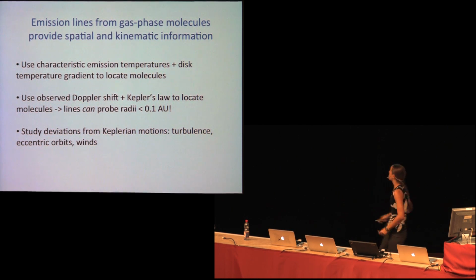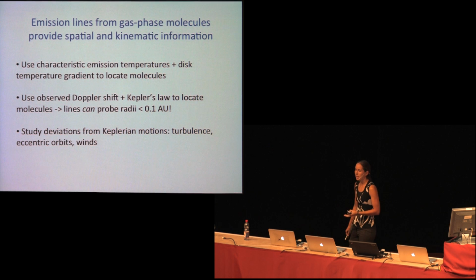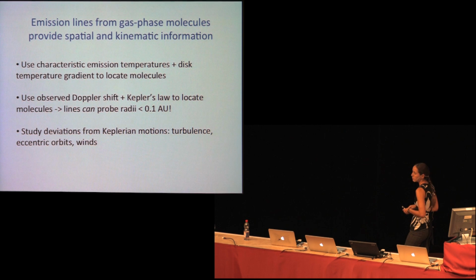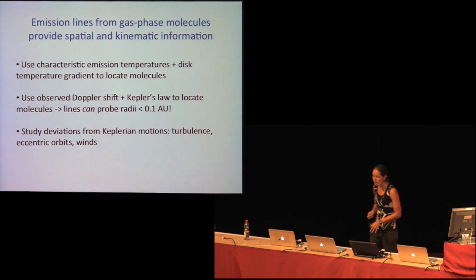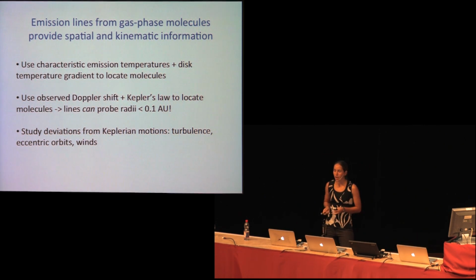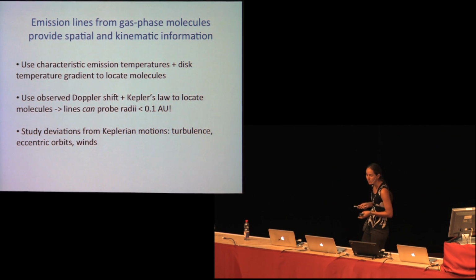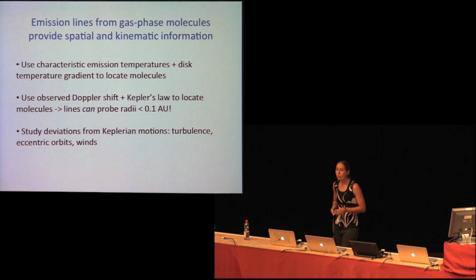Dmitry alluded to this as well, which is that emission lines give us extra information that you can't get just from an image. And this can be very powerful. One thing you can do is just look at the emission temperatures of your lines and determine where the lines are. Another thing you can do, if you actually have resolved emission lines, is look at the Doppler shift of the gas, and then use Kepler's law to actually locate the gas in the disk.